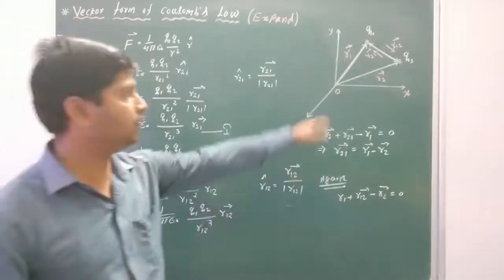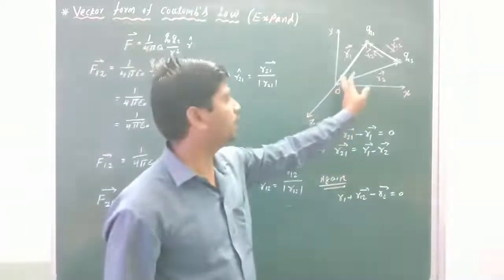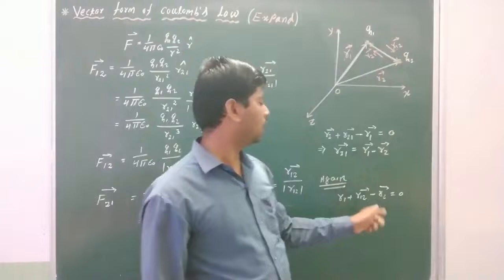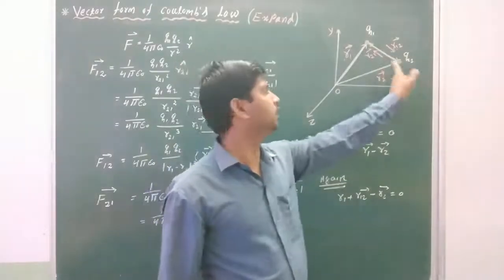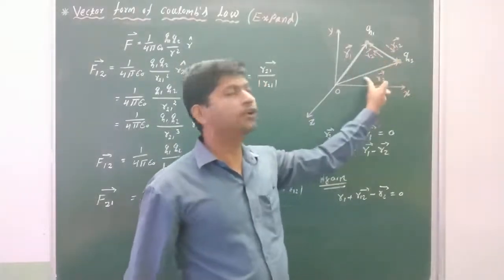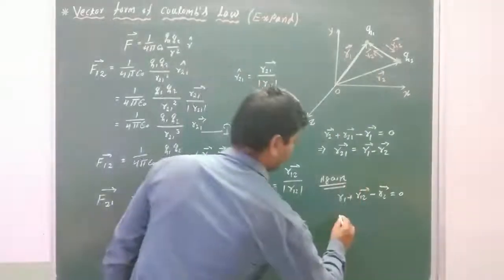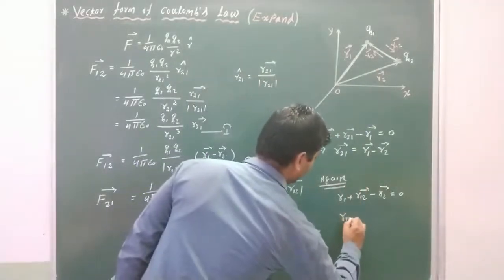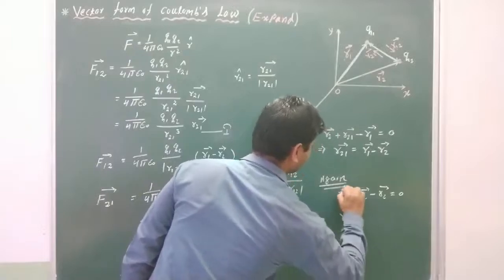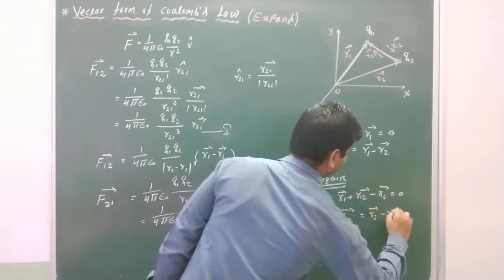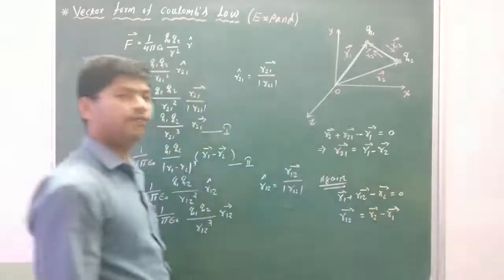It is clear from the figure that R1 is in this direction, then R12 will be in this direction, and R2 is in this direction. This vector plus this vector is equal to this vector here, according to the triangle law. Then from here we can find that R12 vector is equal to R2 vector minus R1 vector.